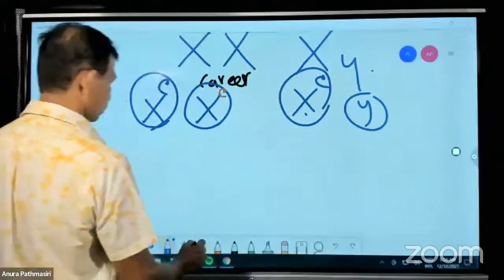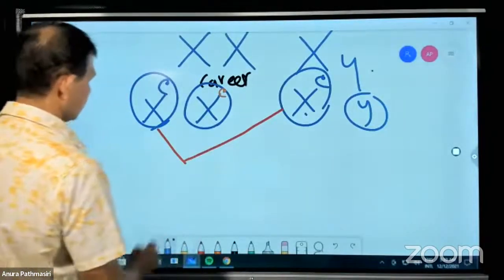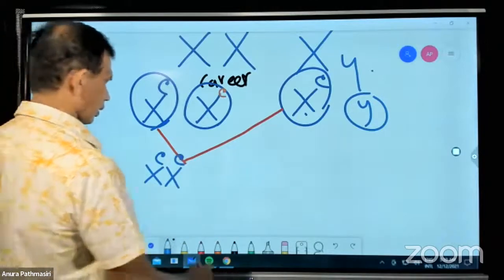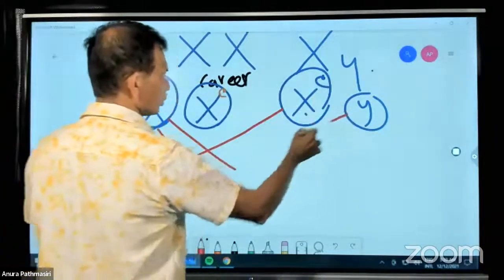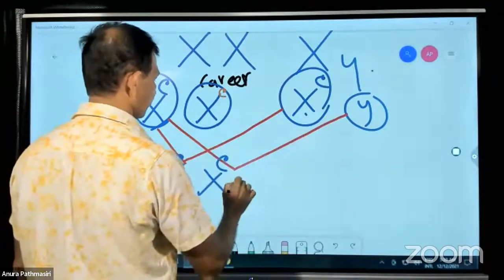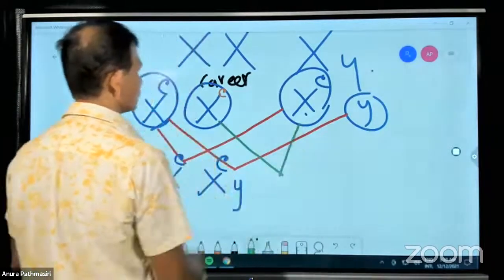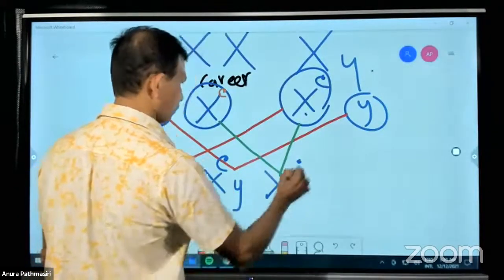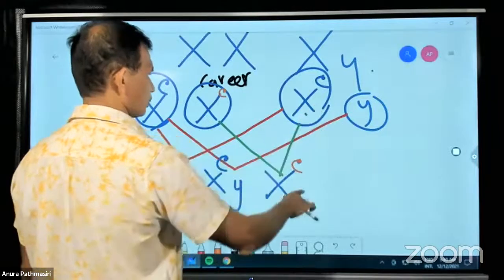This ovum cell will be linked with this sperm cell, and then you can have X capital C, X capital C. And this can be joined with this one, so you can have capital C and Y. Then the other probability is this one, that is the terrible one, X and simple C, the diseased one, with this one.